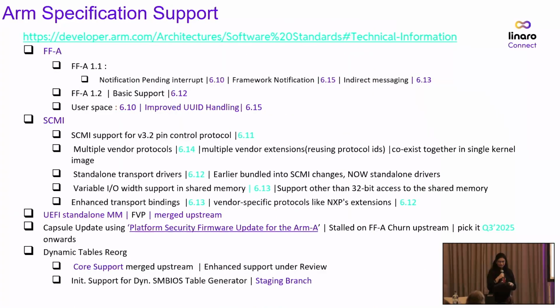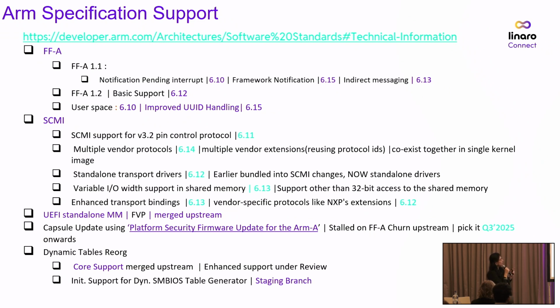All right, moving on, we have the ARM specification. There's a lot of information. It's a busy slide, so I'll not go line by line, but big picture items: you have FF-A 1.1, a few kernel landings around notification support, indirect messaging. FF-A user space, which was on list last time in the Linaro Connect presentation, has now got merged in 6.10.